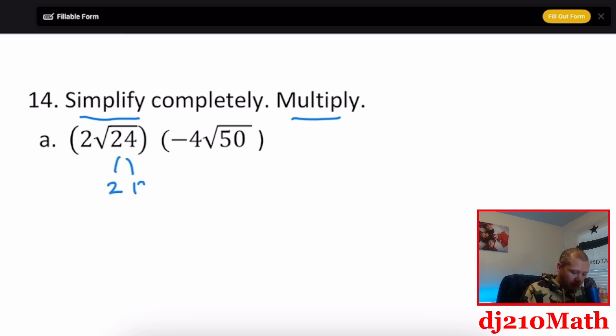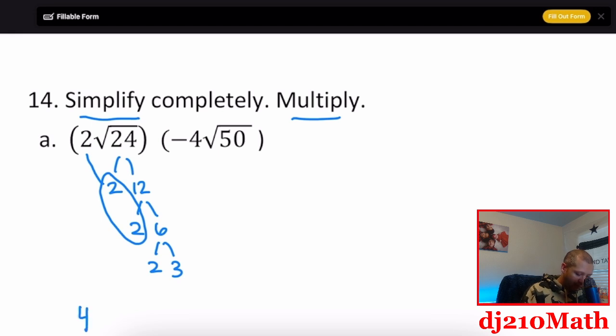So this is 2 and 12, 2 and 6, 2 and 3. All right, 2's come out as a single 2 and multiply by the 2 that's already in front. So 2 times 2 is 4. Root 6.